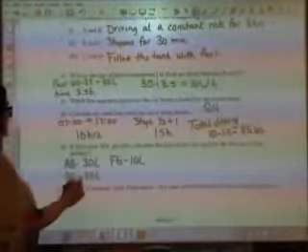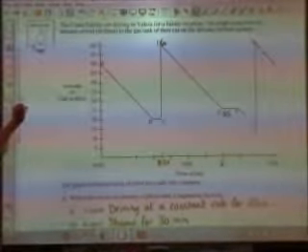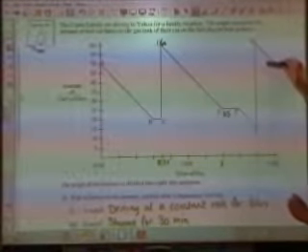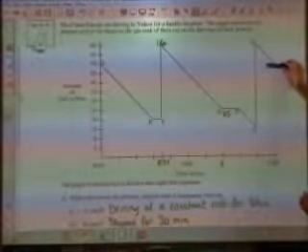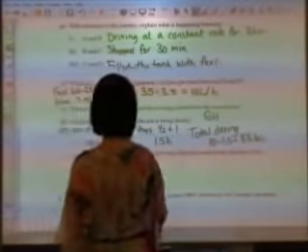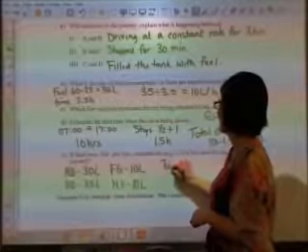And then the last section was H to I. So I went from 60 to what? 50. So that's 10 liters. The total is 85.